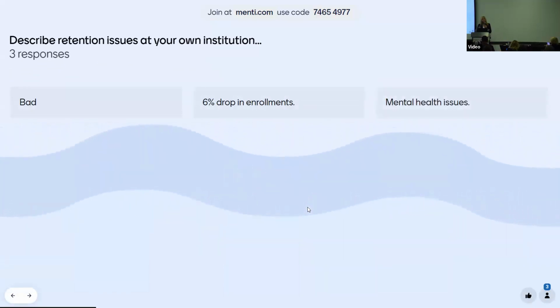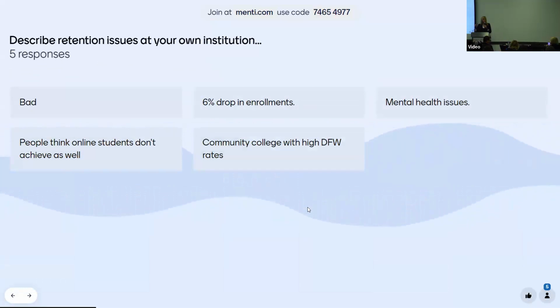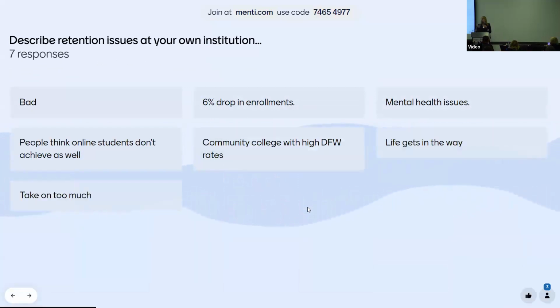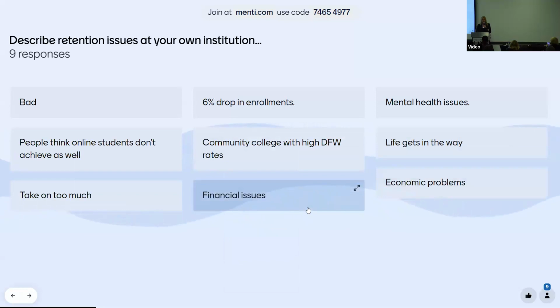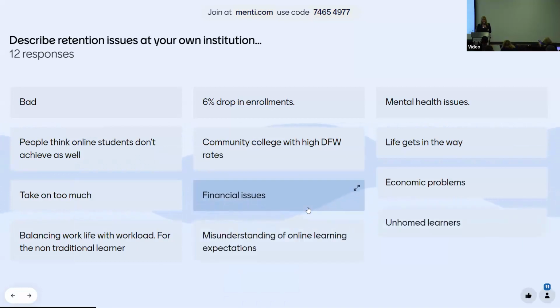I have to say that those are some of the, since COVID, before COVID, I felt like the students, it's more like a financial issues, but since COVID, I've seen a rise in mental health issues. Absolutely. Life gets in the way, economic problems, taking on too much. People think online students don't achieve as well. Community college with high DFW rates, financial issues, balancing work life with workload for the non-traditional learner. Absolutely. Misunderstanding of online learning expectations, unhomed learners. Interesting. Okay.